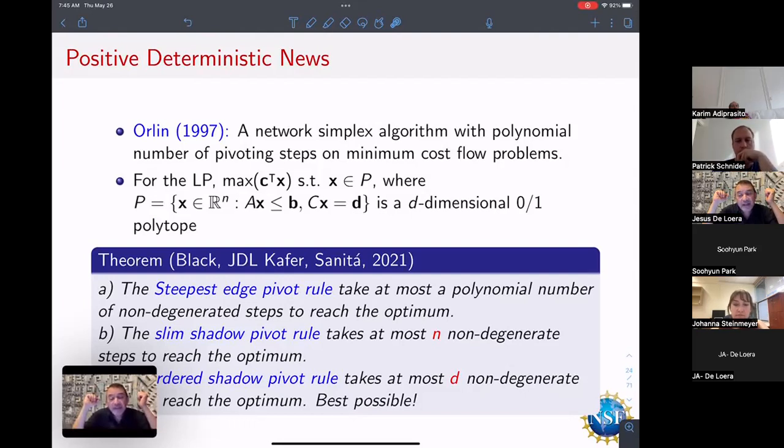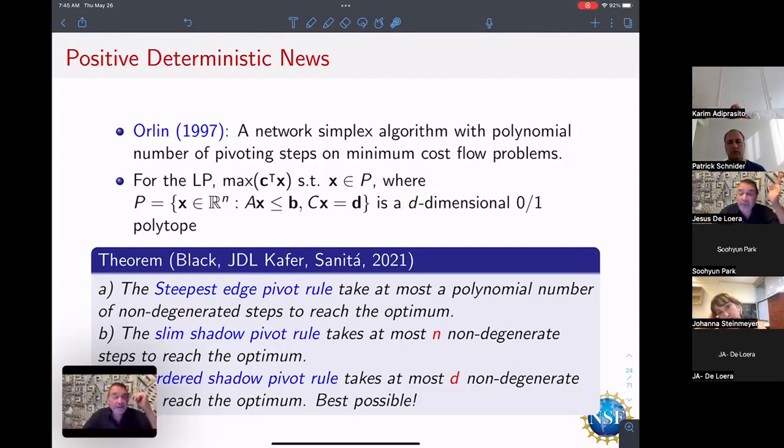But there are other families that I want to show you now. So the next family is 0-1 polytopes. So this is a very important family because, of course, combinatorics uses 0-1 polytopes all the time. As you know, the traveling salesman polytopes, stable set polytopes, all the 0-1 polytopes that you can think of.